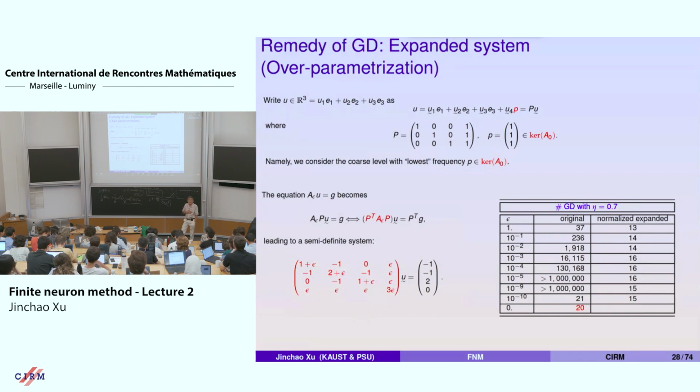So all the preconditioning methods in the world, I've been doing preconditioning most of my career, I can interpret every preconditioner I invented, or that other people invented, as an over-parameterization method. If you squeeze everything, that's ill-conditioned.